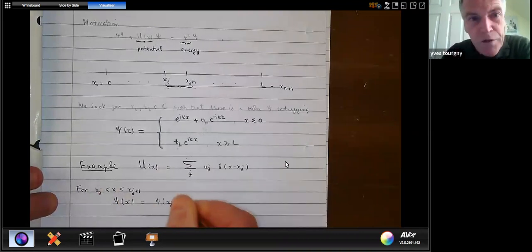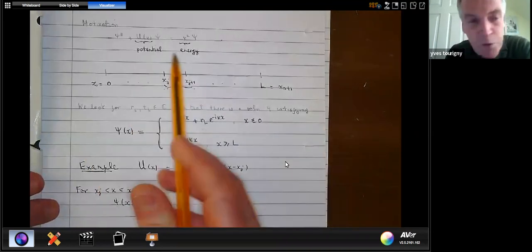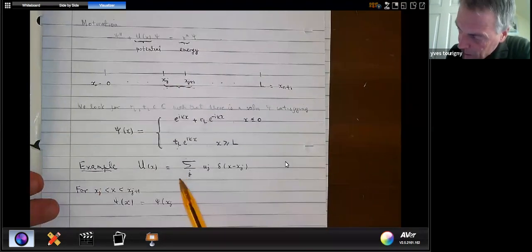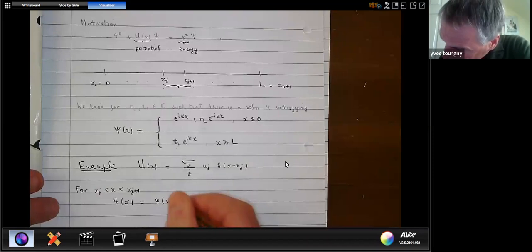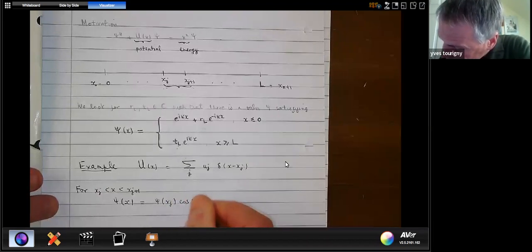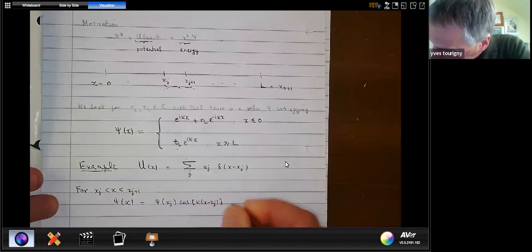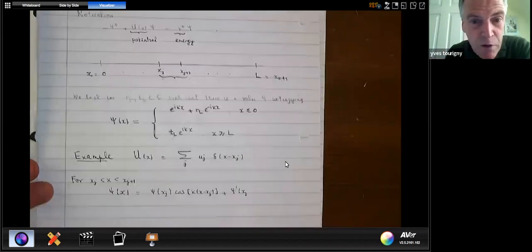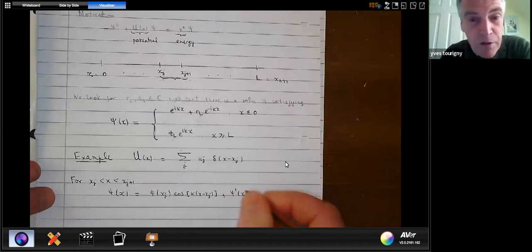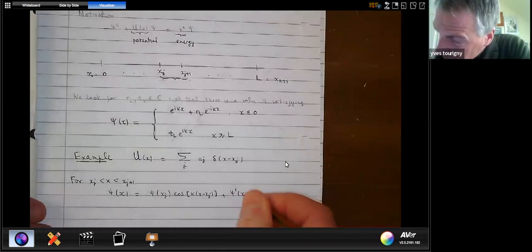So the solution of this, with this potential here, the solution will be continuous, but its derivative will have jumps at the xj's. So let's write down what the solution looks like. Since the derivative will have jumps at the xj's, there'll be a derivative from the left and a derivative from the right.